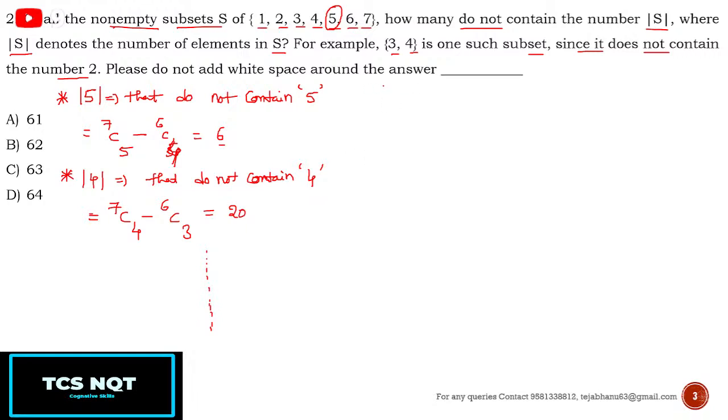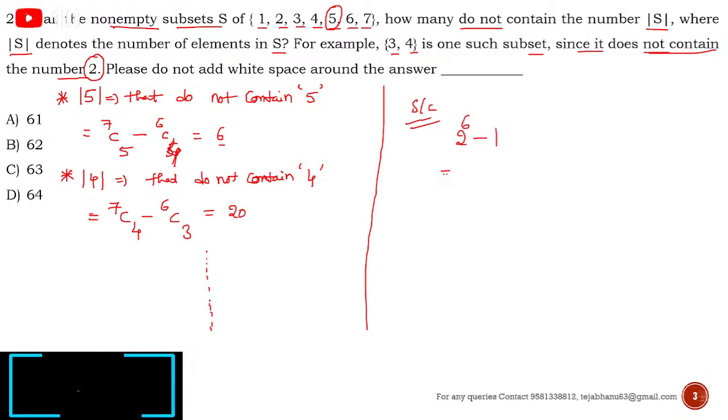Now, what is the remedy for this? See, the simple shortcut is this. We have to consider a subset in which the number 2 shouldn't be present. That is what is given. So 2 is eliminated. Total there are 6 numbers. 2 power 6 minus 1, that is 64 minus 1, 63.